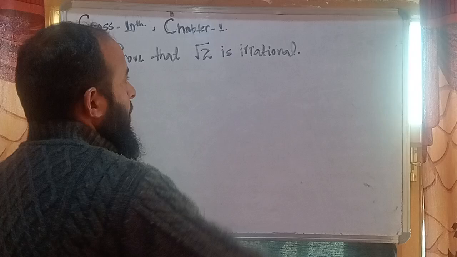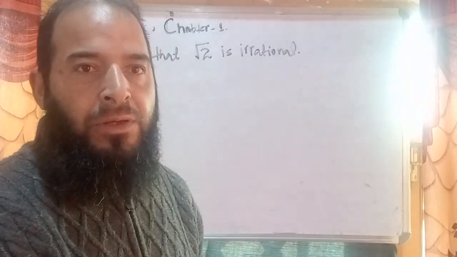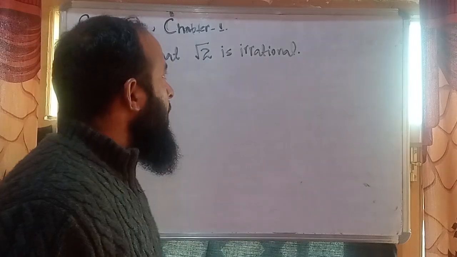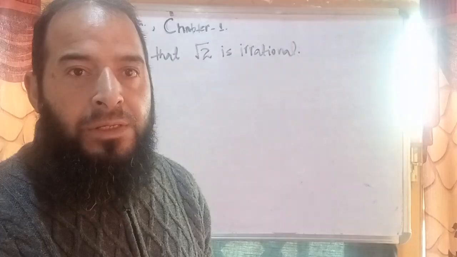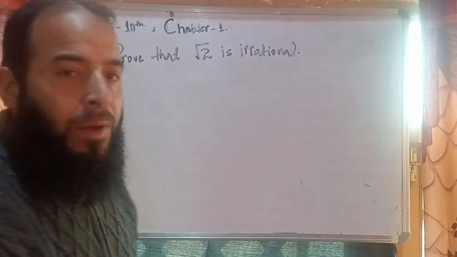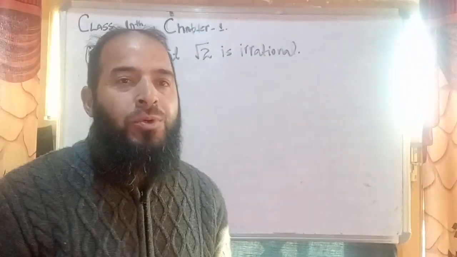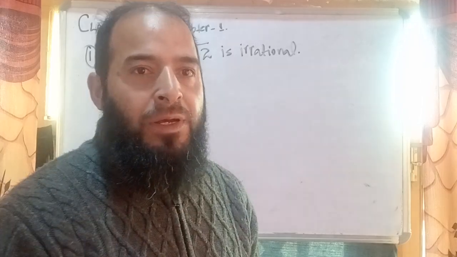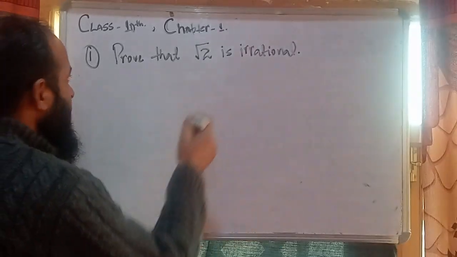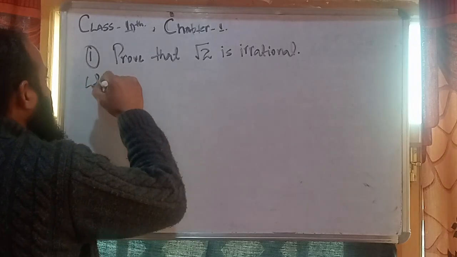Likewise, on the same steps, on the same pattern, we will try to prove that root 2 is irrational. And we will also prove this with the help of the contradiction method. How? We will solve this.